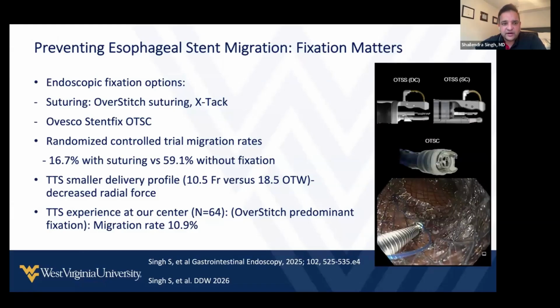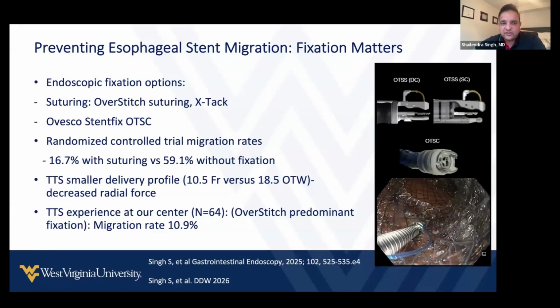And this is a randomized prospective study, so we are actively following these patients clinically along with chest X-rays to look for any migration. And with endoscopic suturing, we were able to reduce these migration rates significantly.